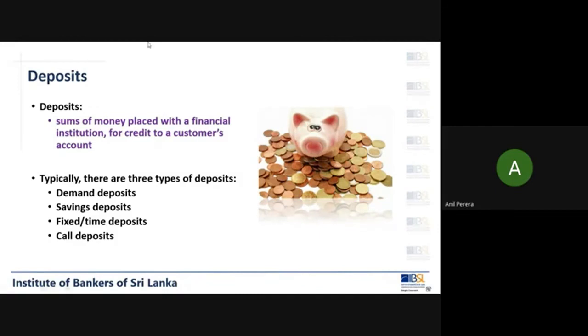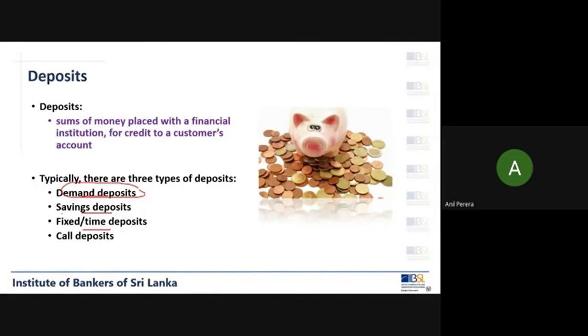There are various types of deposits, and mainly three types of deposits can be observed, especially the demand deposits, savings deposits, and time deposits. Demand deposits can only be observed in the banks because banks are only allowed to have demand deposits, which means current accounts.